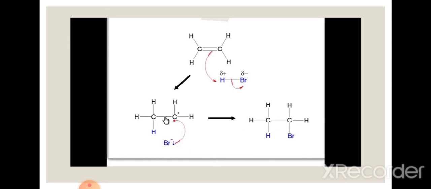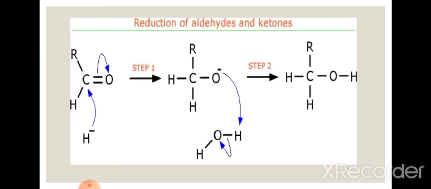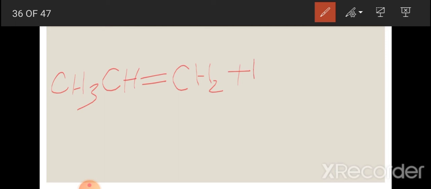Suppose HBr is reacting with an unsymmetrical alkene. Unsymmetrical alkene means, let's take the example of propene. CH3 CH double bond CH2 plus HBr.